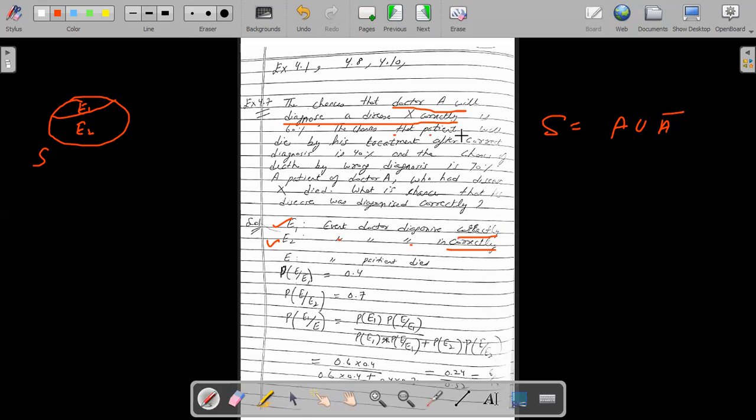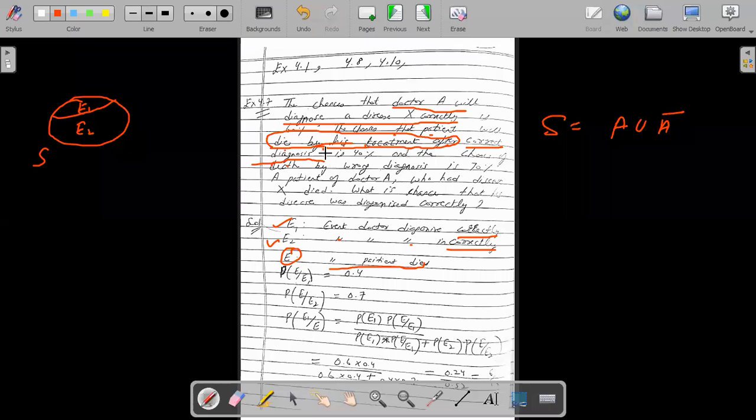The chances that patient will die by his treatment after correct diagnosis. तो देखो करेक्ट डायग्नोस तो आपने ऑलरेडी आइडेंटिफाई कर लिया था. अब यहाँ पे एक नई चीज आ गई कि the patient dies by his treatment. So let us call this one more event, that the patient dies. So E is the event that the patient dies.